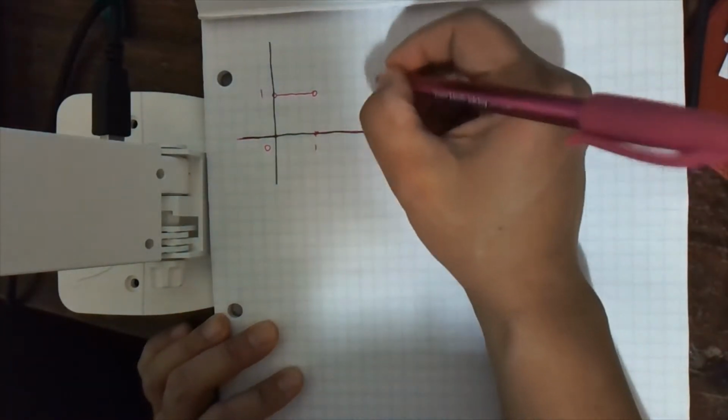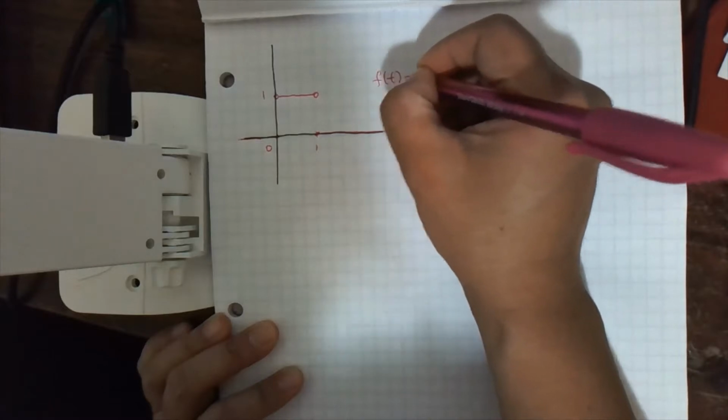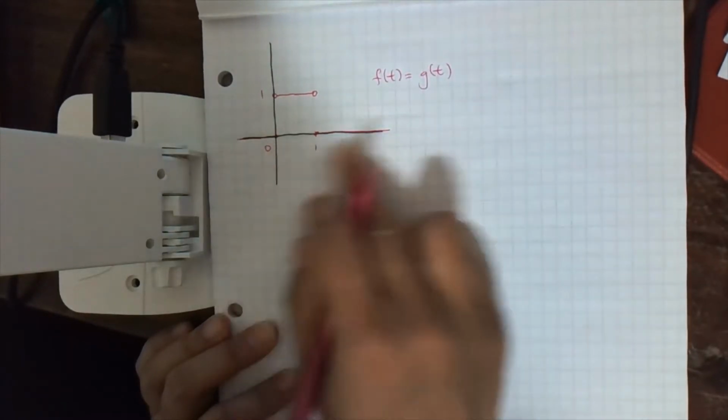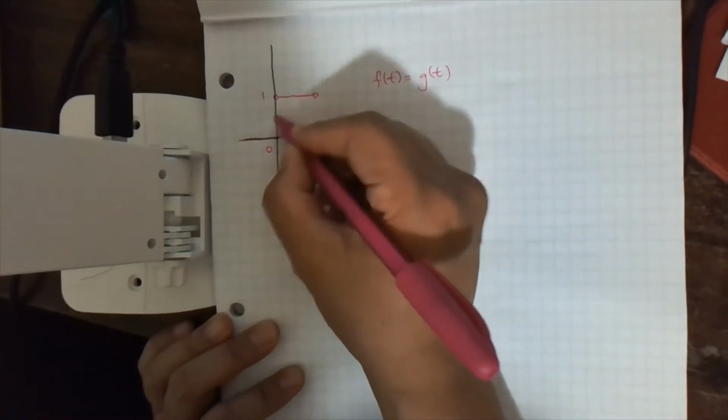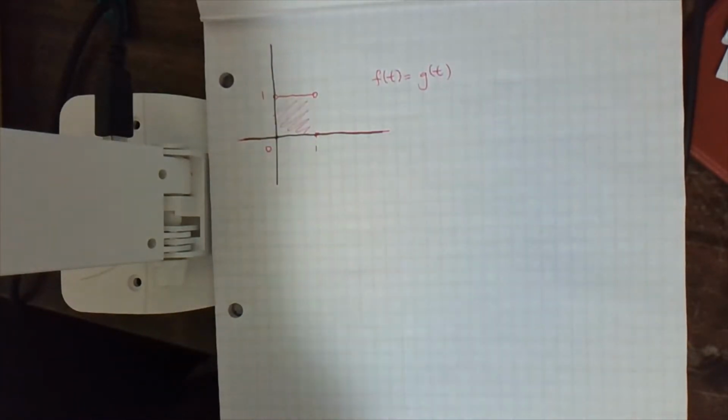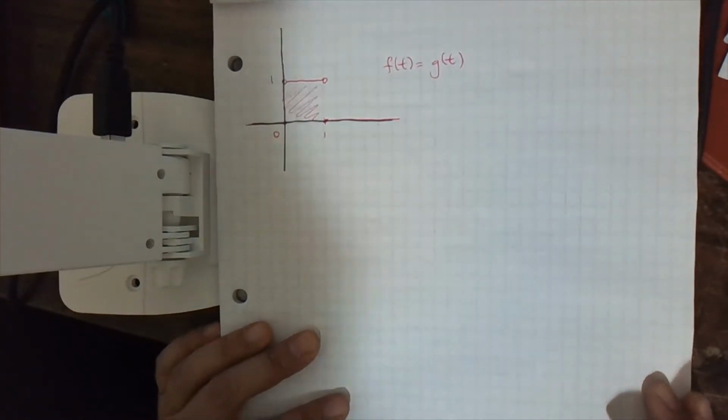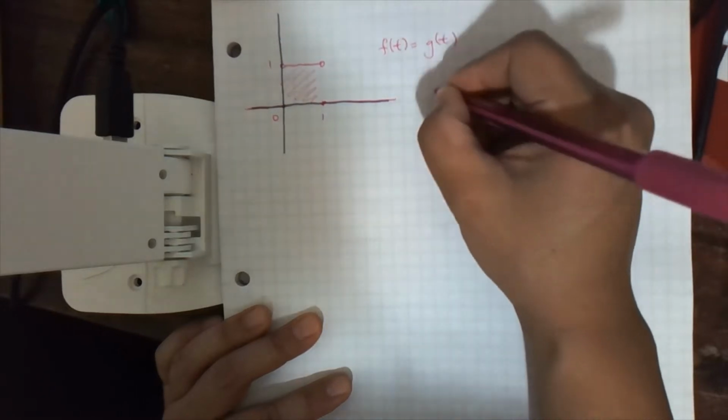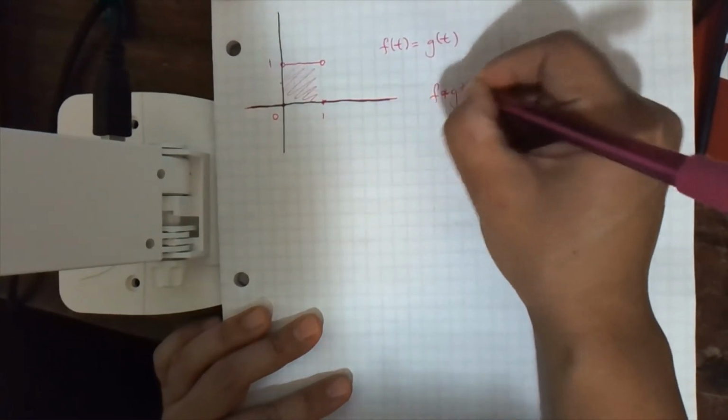We're going to call this f of t and g of t, so two functions that both look exactly like this. Note that the area under the curve is 1. It's just that unit box. And we're going to talk about what is the convolution of f and g.